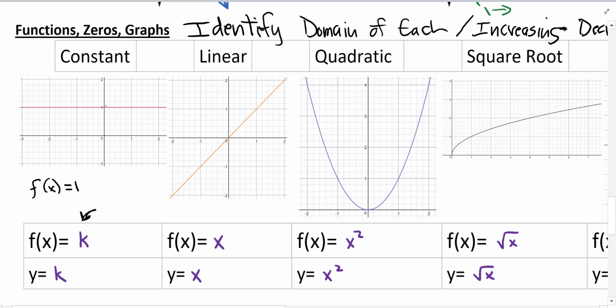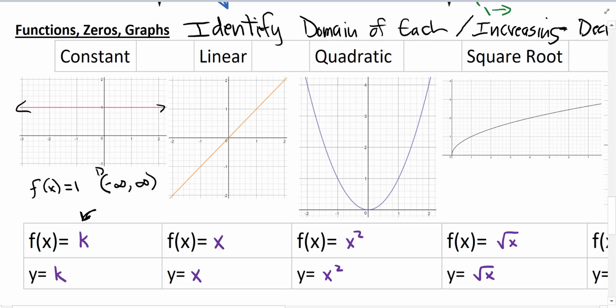So constant functions go on indefinitely from negative infinity to positive infinity. So if you have to identify the domain of a constant in interval notation, well, from negative infinity to positive infinity.